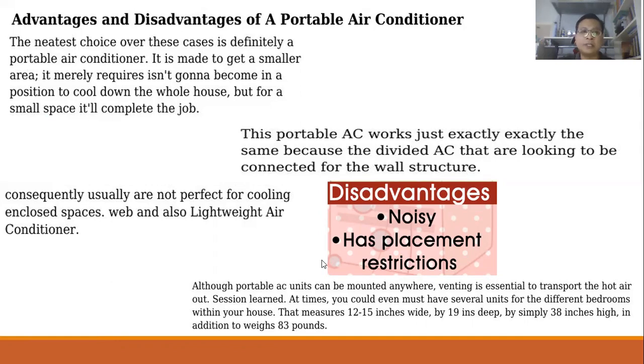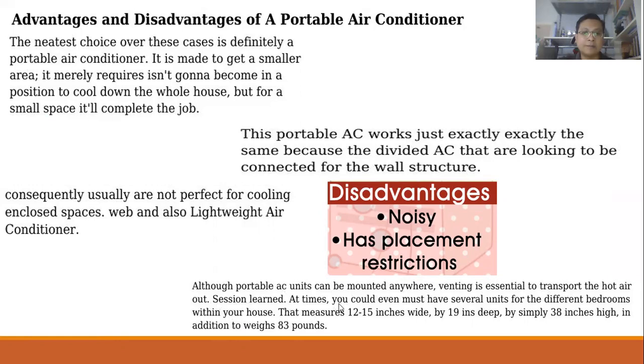But if we don't have the ventilation to reject the hot air, maybe we can't use the portable air conditioner, right? Although a portable aircon unit can be placed anywhere, venting is essential to transport the hot air out.